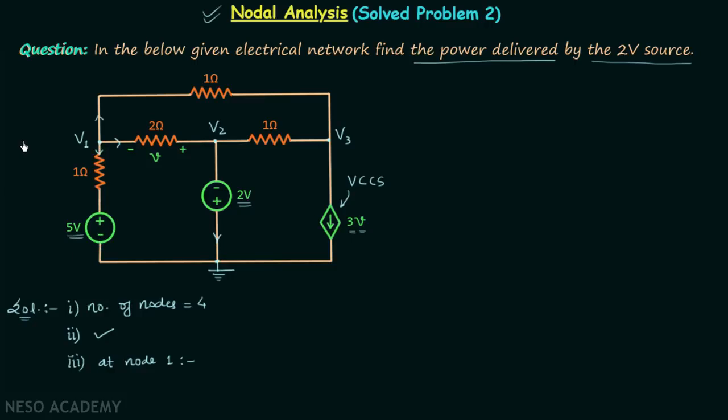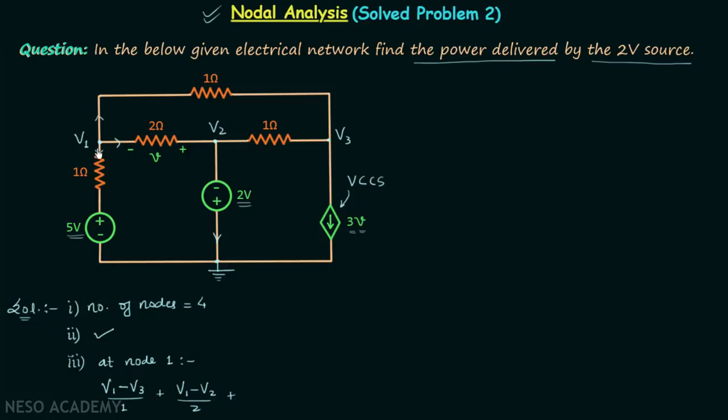And we know, according to KCL, the sum of these 3 currents will be equal to 0, and this current is equal to (V1 minus V3) divided by 1. So we have (V1 minus V3) divided by 1 plus this current, and this current is equal to (V1 minus V2) divided by 2.